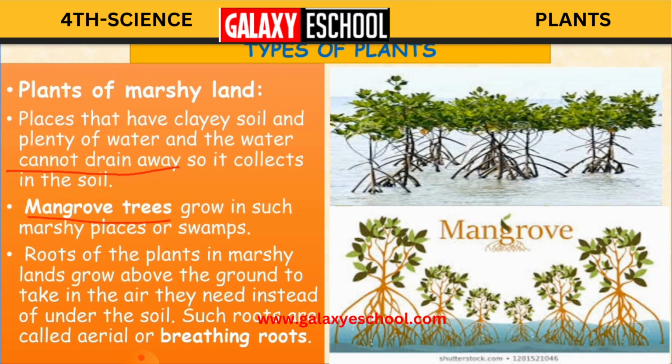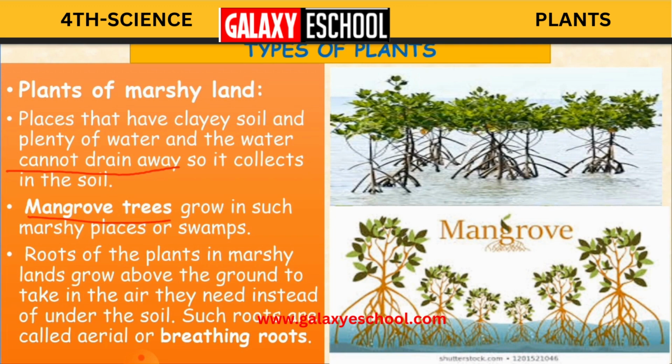And so that is why you get much of the soil collected there, and that soil is nothing but clayey soil, which is very soft. And these mangrove trees grow in such marshy places or swamps. Marshy places or swamps, both have the same meaning.